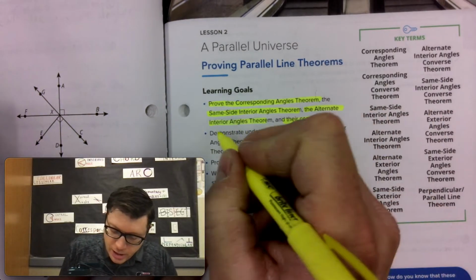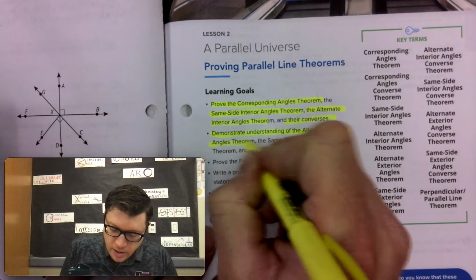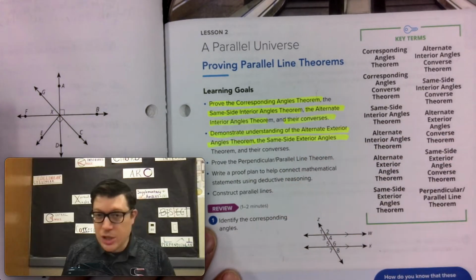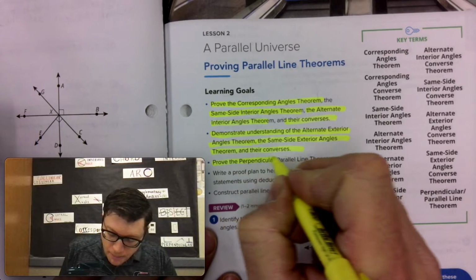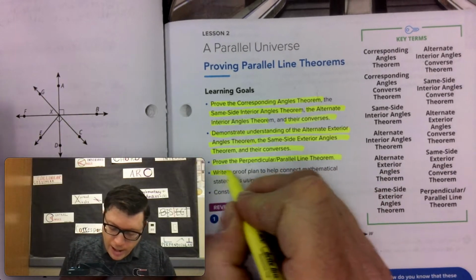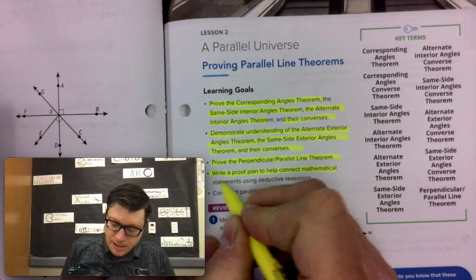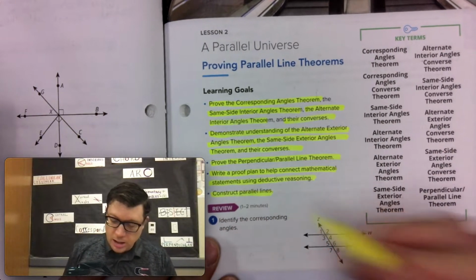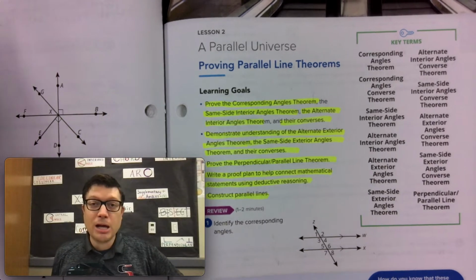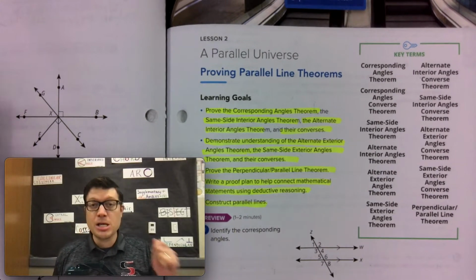We're going to demonstrate understanding of the alternate interior angles theorem, the same side exterior angles theorem, and their converses. We're going to prove the perpendicular line theorem. We're going to write a proof plan to help connect mathematical statements using deductive reasoning, and we're going to construct parallel lines.